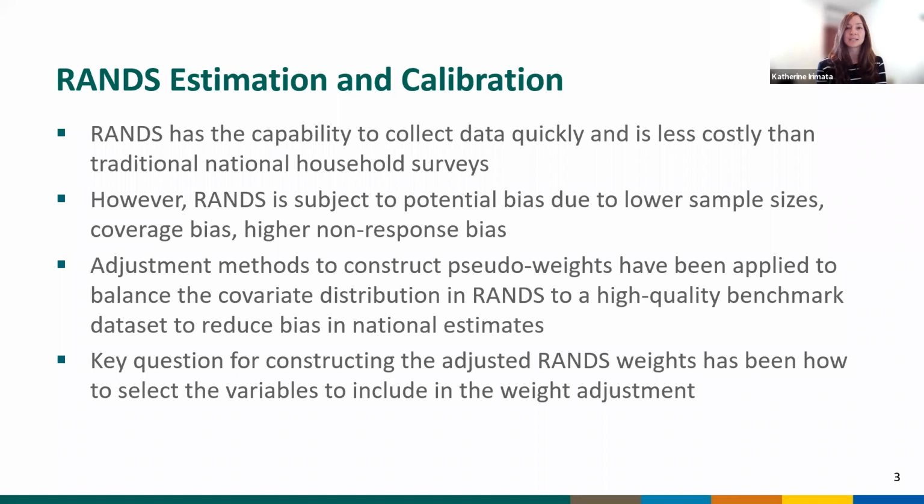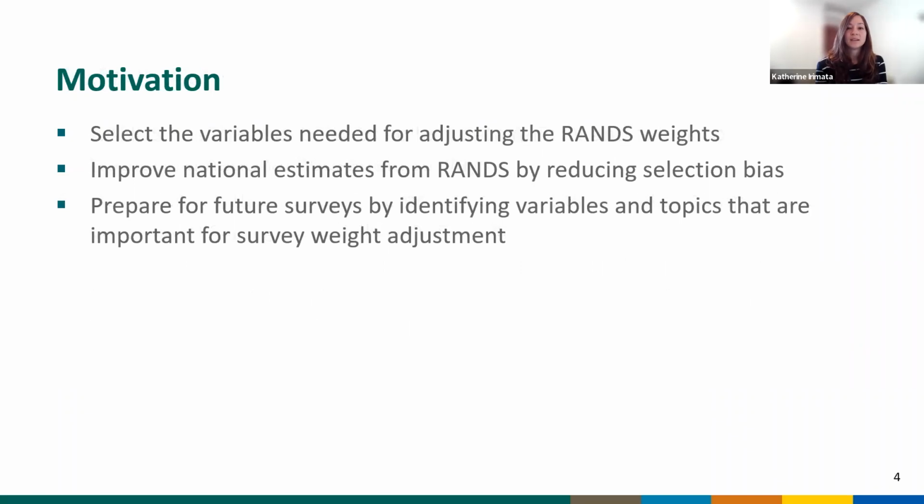A key question that's come up during this research is, when we're constructing the adjusted RANDS weights, how do we select the variables that we need to include in our weight adjustment? Should all variables be included in the adjustment, or are there only certain types of variables that are needed? This is really the motivation for this work that I'll be talking about today.